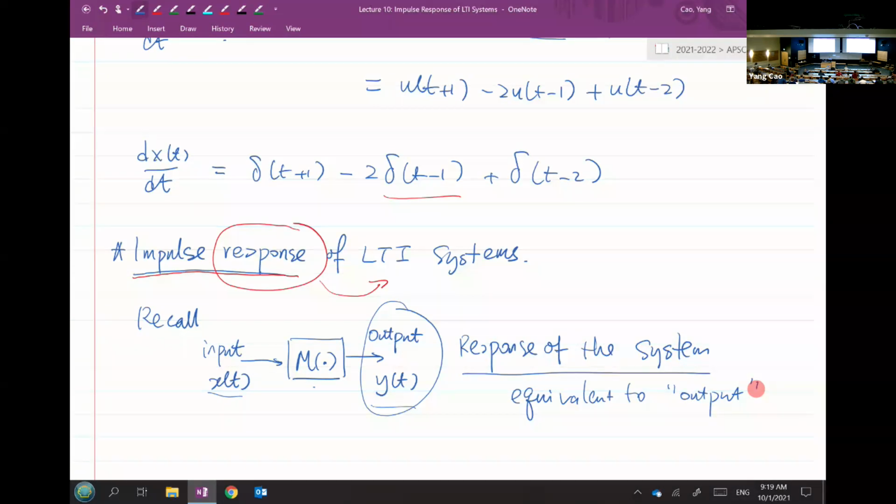But the output of the system is not a standalone item. The output really depends on what kind of input is given to the system. That's why when you see response of the system, usually you see response of the system to an input.